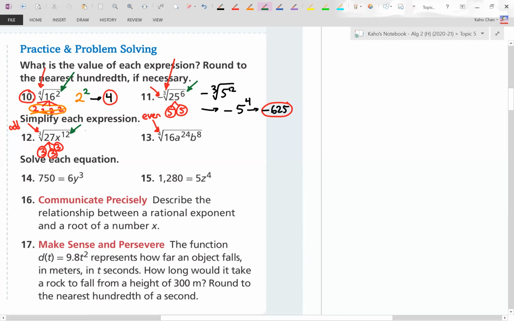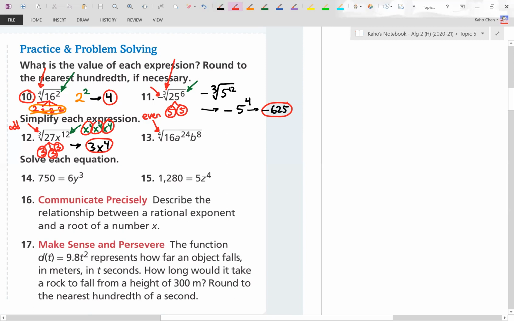It's x to the 4, x to the 4, x to the 4, because 4 plus 4 plus 4 is 12, right? There's 3 of them that come out. When they come out, they come out as a single x to the 4th power. Nothing's left underneath. Therefore, my final answer here is 3x to the 4th. That's it.